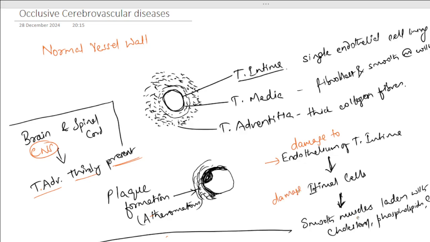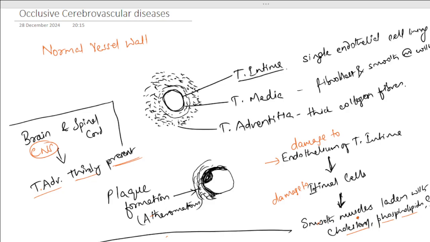Then what will happen? Damage to intimal cells. Then the smooth muscles which are already present in the blood vessel will get laden with cholesterol, phospholipids, collagen, all these things.